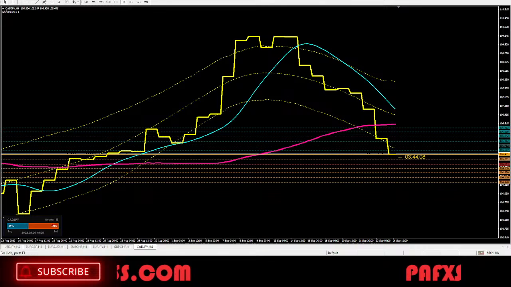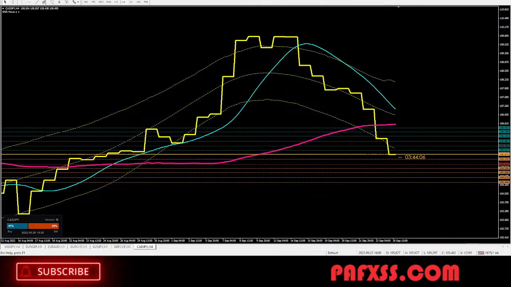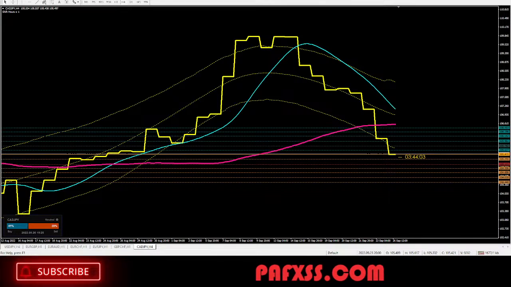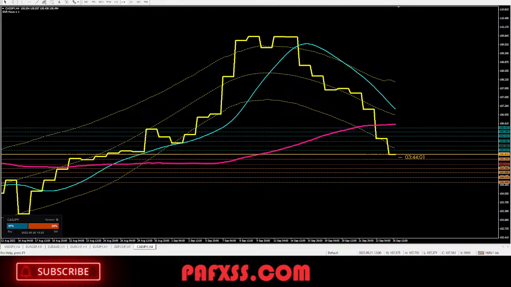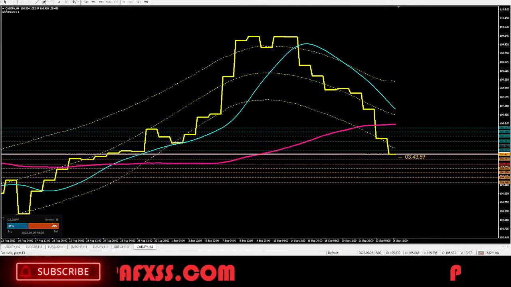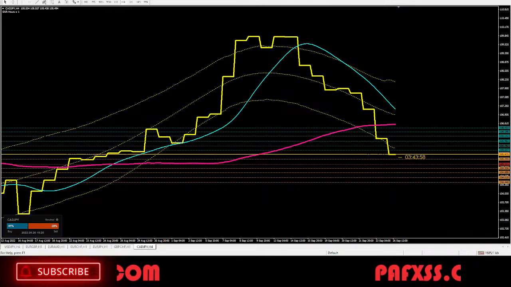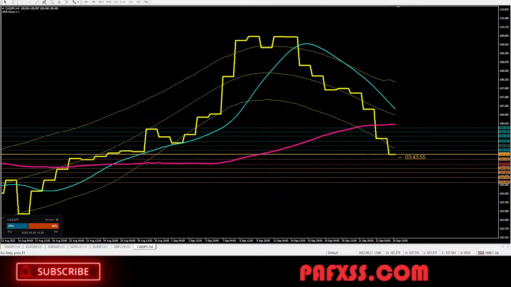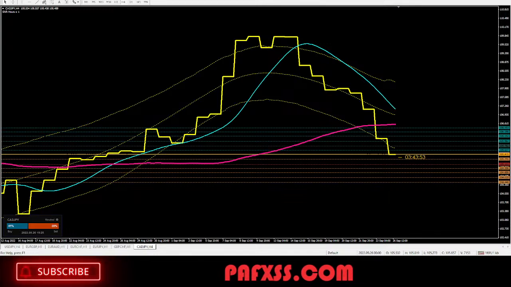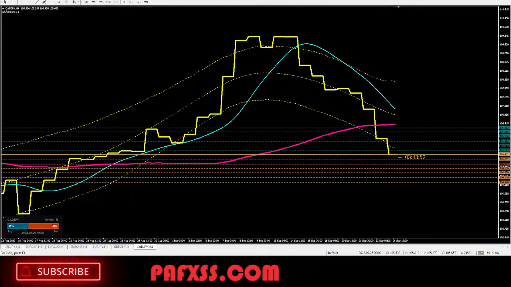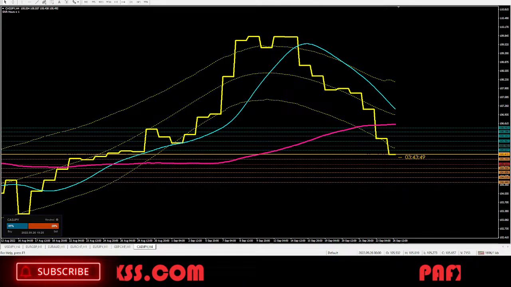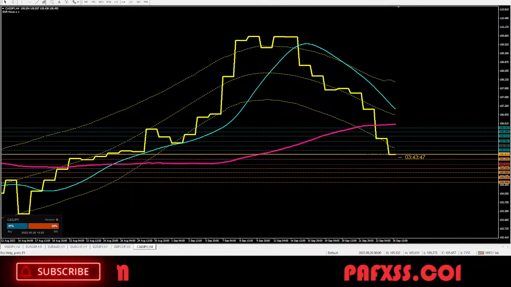At the same time, make sure the 200 MA is still below the middle line channel. If the NT line crosses down the middle line channel and the 200 MA crosses up the middle line channel, it's a no-go.